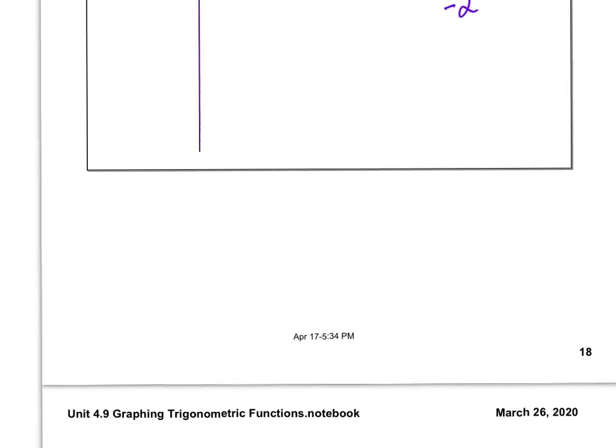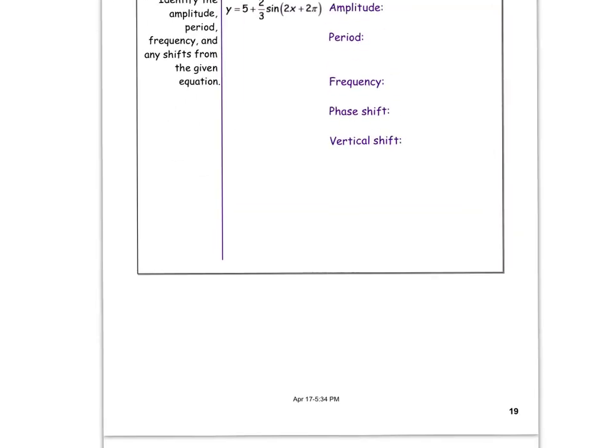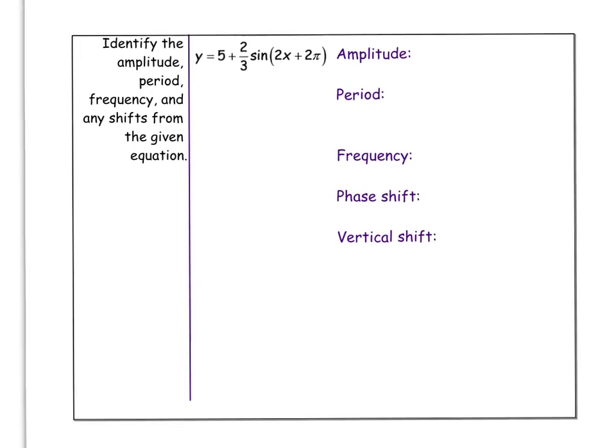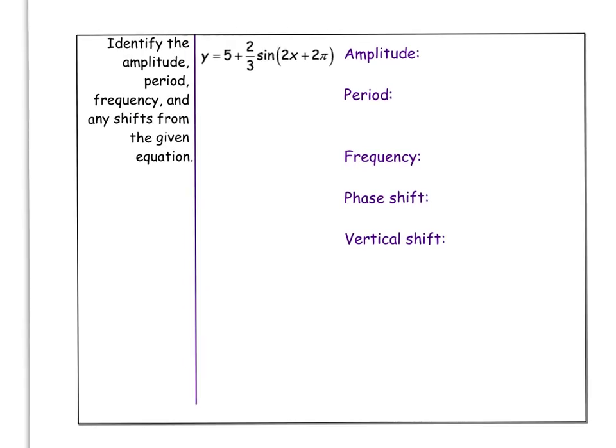I think this is our last problem, if I remember correctly. I'm going to just peek real quick. Yep, this is our last page. We're going to do the same thing. My amplitude is the number multiplied by sine, so that's 2/3. My period is 2 pi divided by b, and in this case b is 2, so my period is pi.